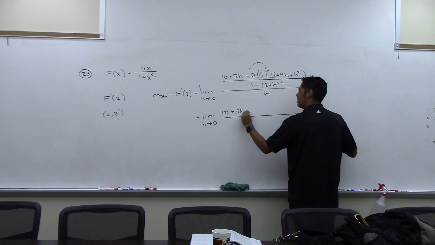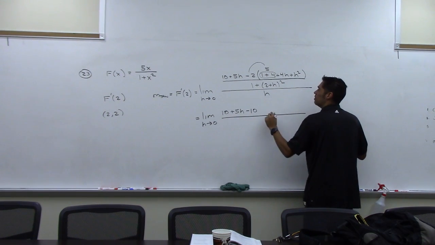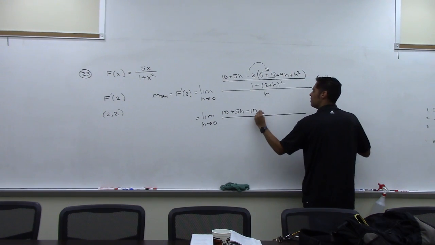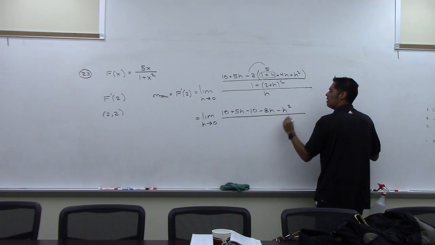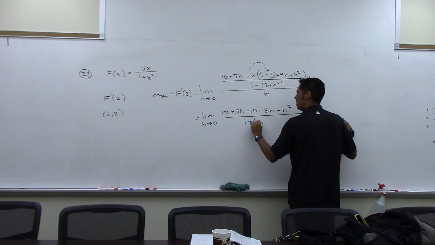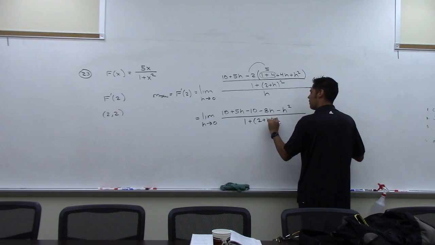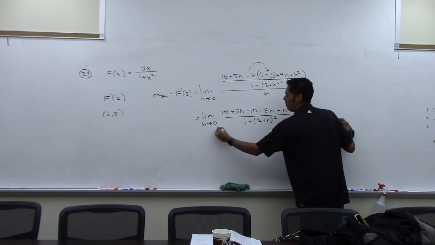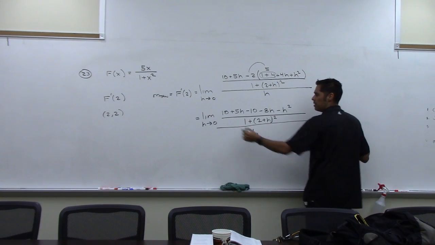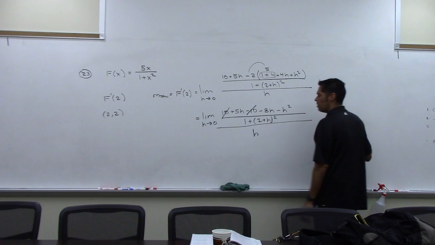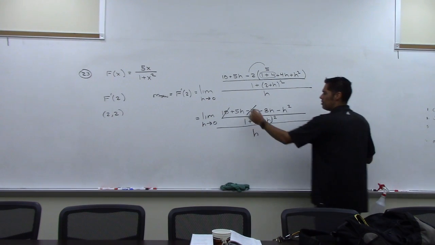Negative 2 times 5 is negative 10. Hey, look, those 10s are going to cancel. Negative 2 times that, that's negative 8h. Negative 2 times that, that's negative h squared. And that's all over the common denominator. Don't forget this thing. Then all of that divided by h. And I'm hoping everything's going to cancel except h's up here. So 10, 10, gone. And then these two can come together.